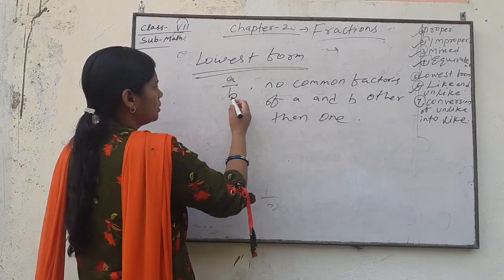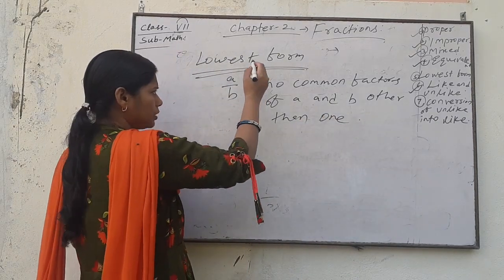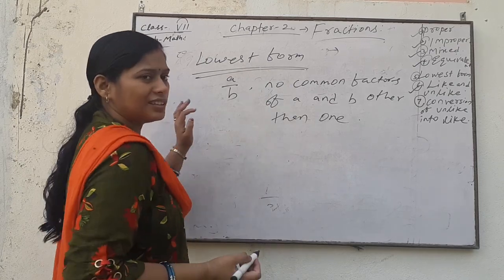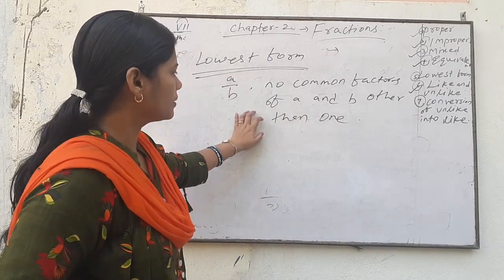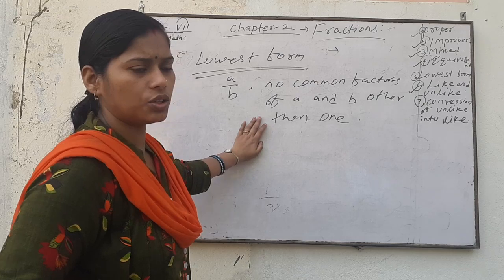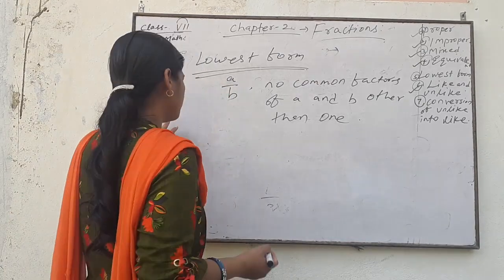It means a by b is said to be in lowest form if there is no common factor other than 1. So this is your lowest form.